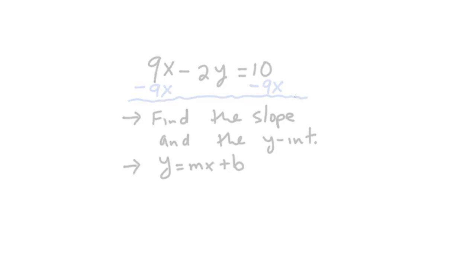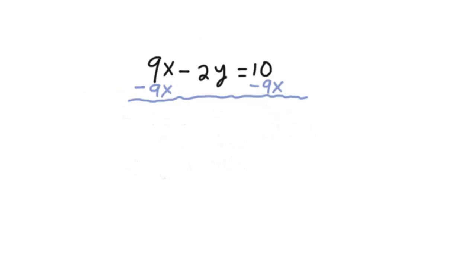Okay. Alright, and now you have just the negative 2y, and it's equal to the negative 9x plus 10, because this 9x and negative 9x go to 0.